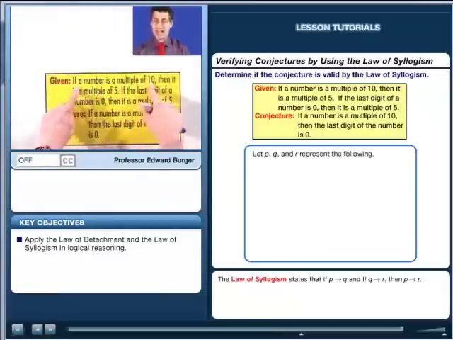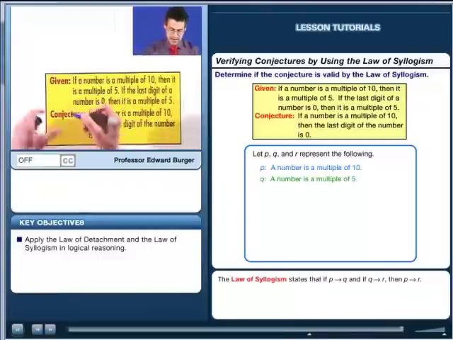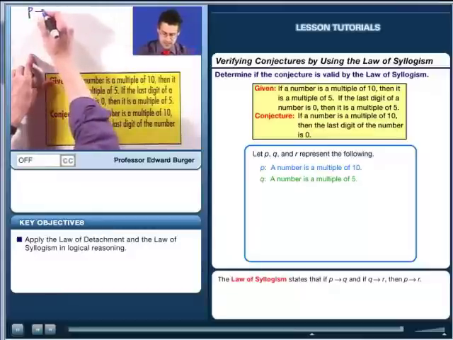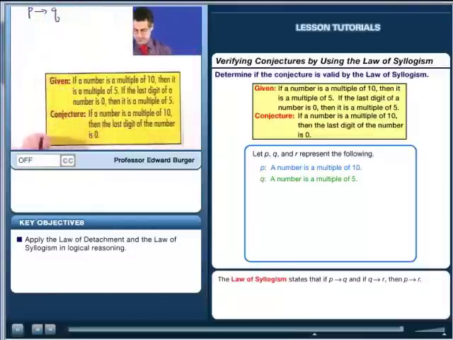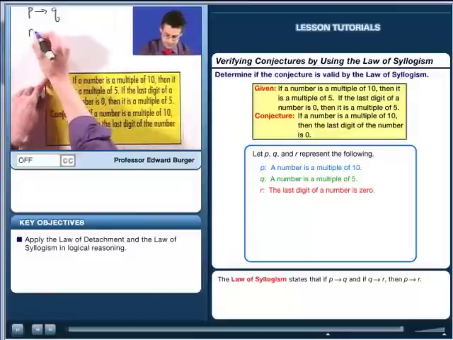So again, I'm going to see if I can convert these words to symbols. So a number is a multiple of 10. Let's call that P. And a number is a multiple of 5. Let's call that Q. So the first statement is P implies Q. Then the next statement is the last digit of a number is 0.